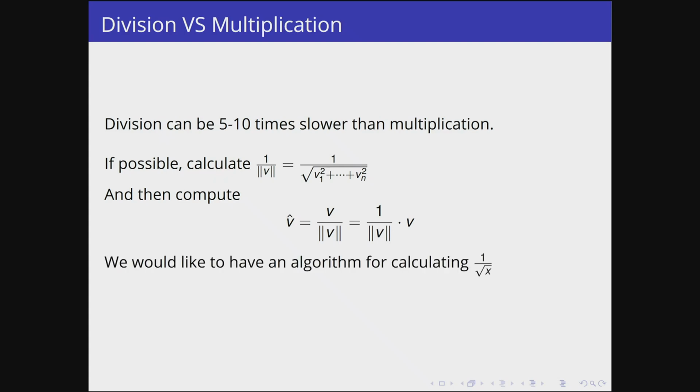And also, if it is possible, we would like to compute the inverse of the vector length directly without going through computing the square root of all the squares of the values in the vector, because this way we can save some time.